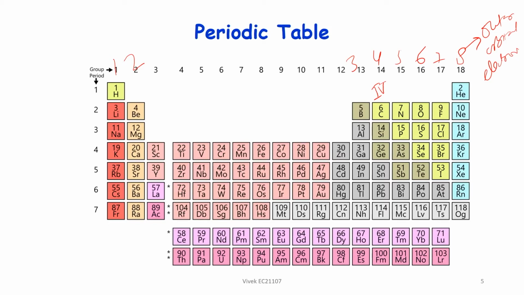Okay, so in the periodic table, usually semiconductors are found in group 4. So you have here silicon, you have germanium here.